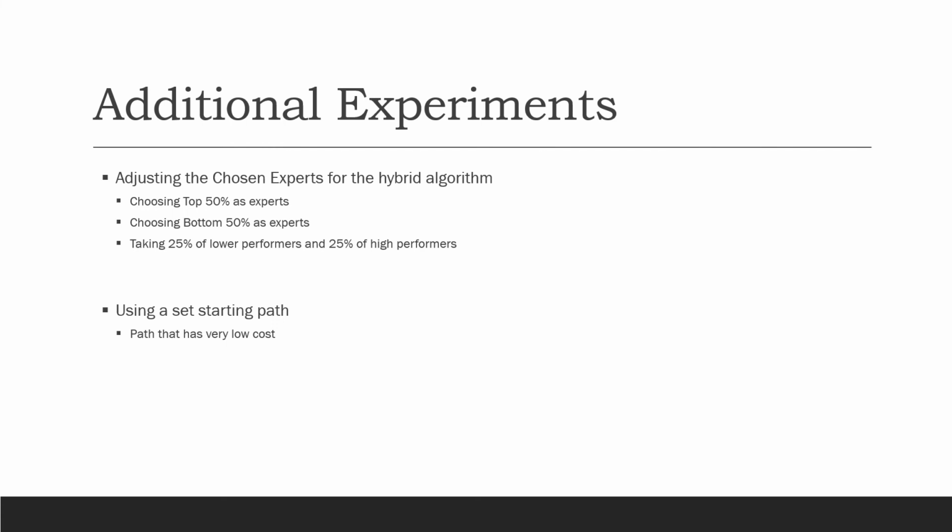Now, there are a few additional experiments that are still in the works here. If we take a look, that's my first set of experiments. I wanted to adjust the chosen experts.